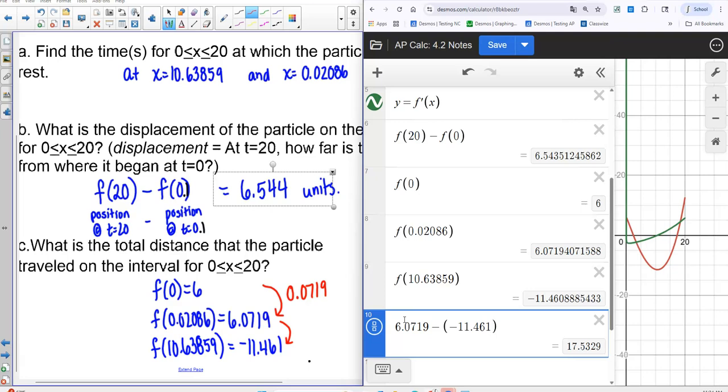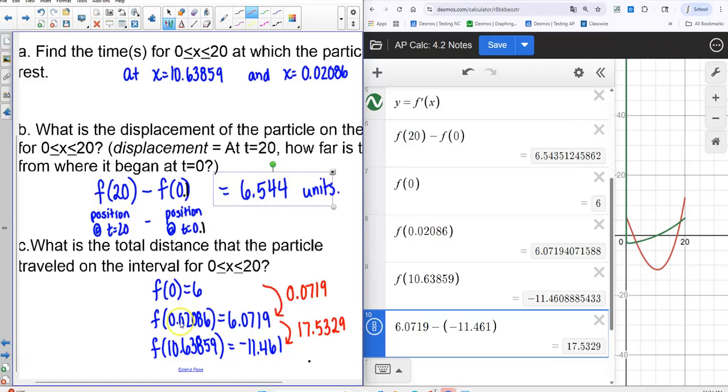And I'm getting 17.5329. And if you had subtracted them the other way, you'd get a negative, but distance is always positive. The distance you travel is always positive, so you would use the positive no matter what, right?